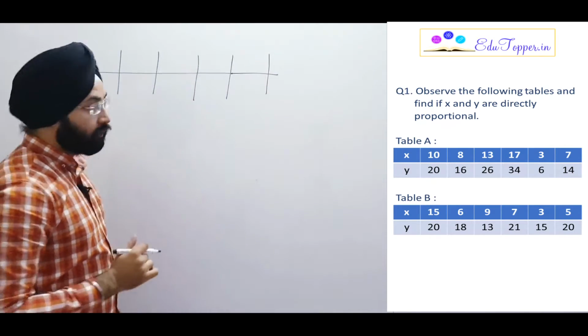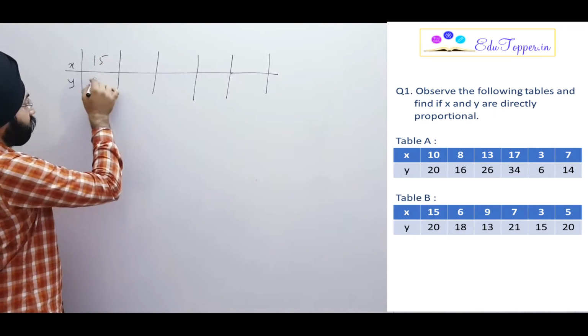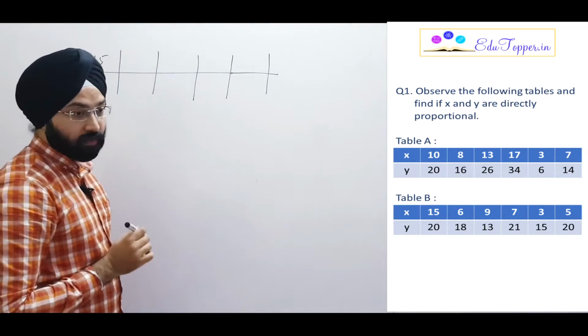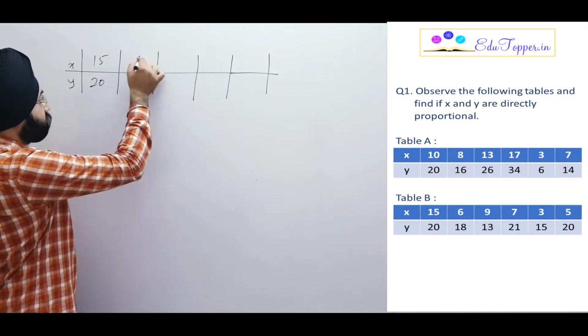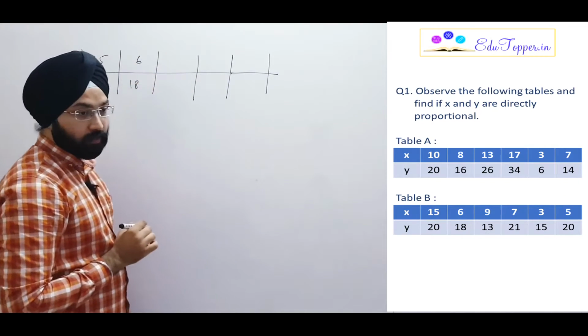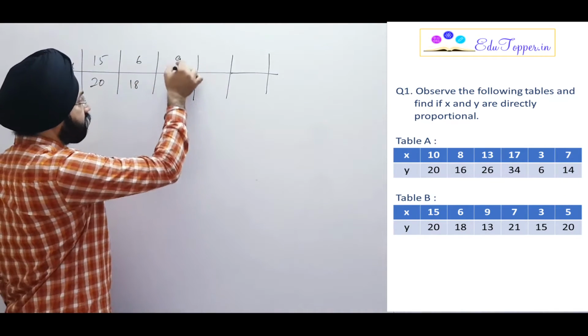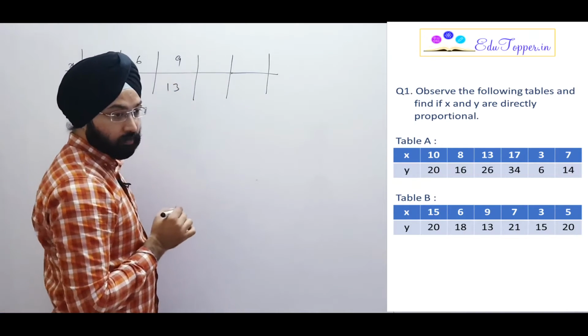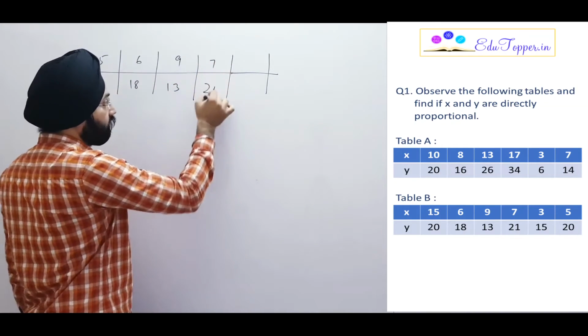Given that when x is 15, y is 20. When x is 6, y is 18. When x is 9, y is 13. When x is 7, y is 21.